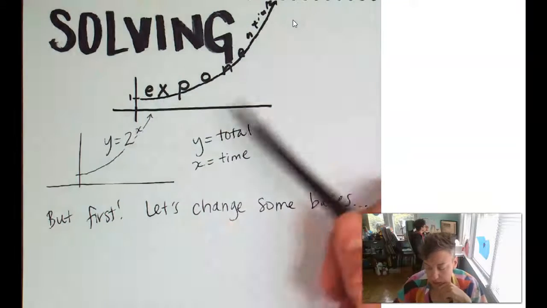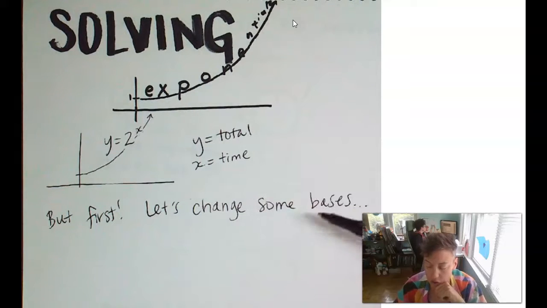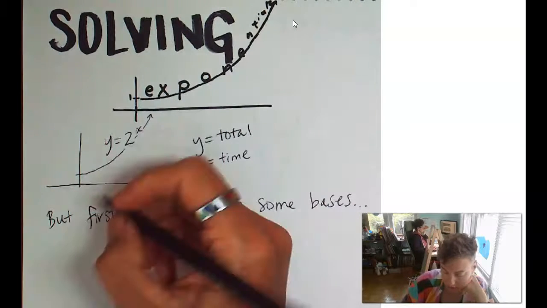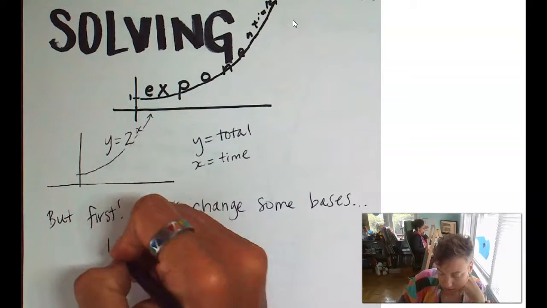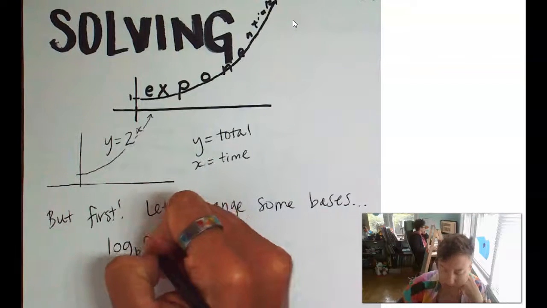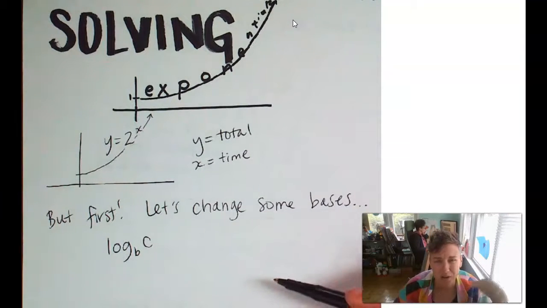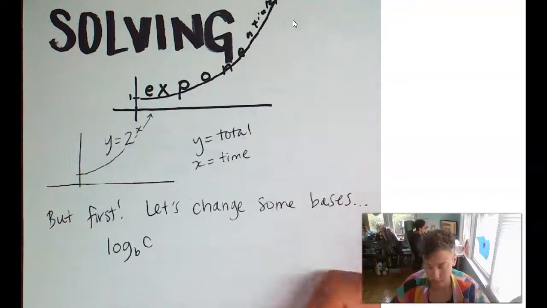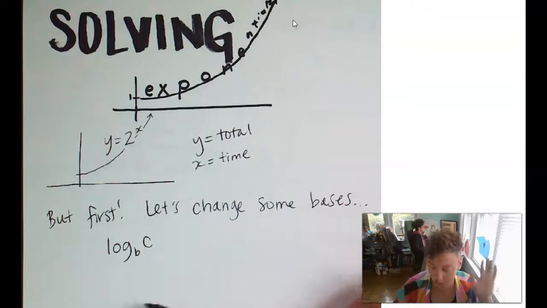Before we get into that, we need to learn a new tool called changing of base. So for example, if we have something that is log base b of c. Wait a second, why are you talking about logs? We're talking about exponentials. They're related, right? They are inverse functions. They show up together all the time. So that's why.